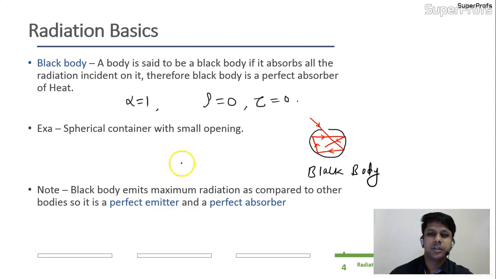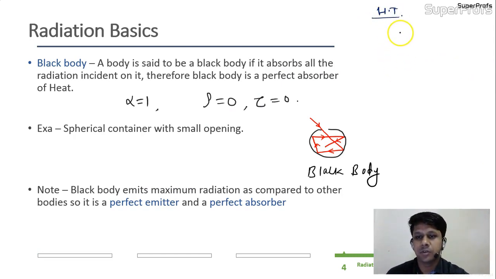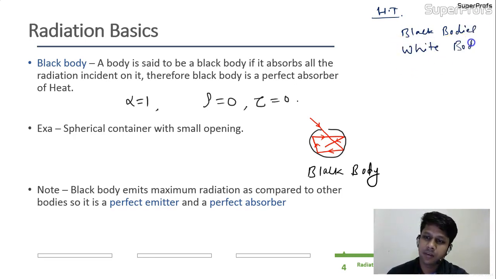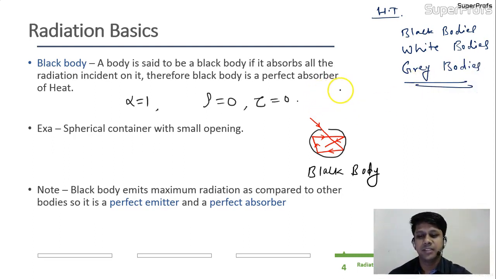Now this is very important. In the heat transfer subject, you will come across black bodies, white bodies, and grey bodies. So what do we mean by these black, white and grey bodies?